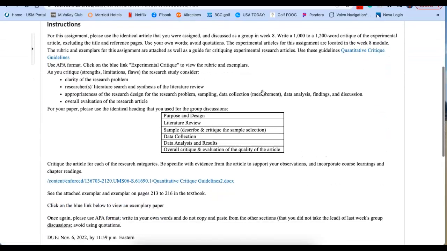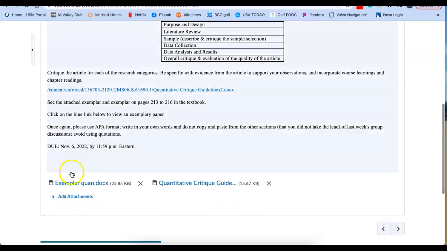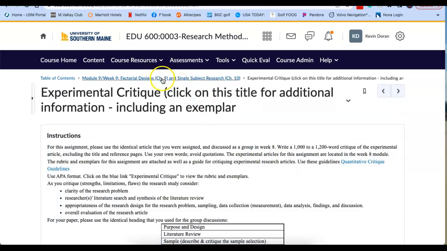Coming here, this is the second page. We have an exemplar here, and we have guidelines. All you have to do is click on the exemplar. I know some people had trouble finding the exemplar for the qualitative critique, but here it is. So once again, you just have to click on the assignment.